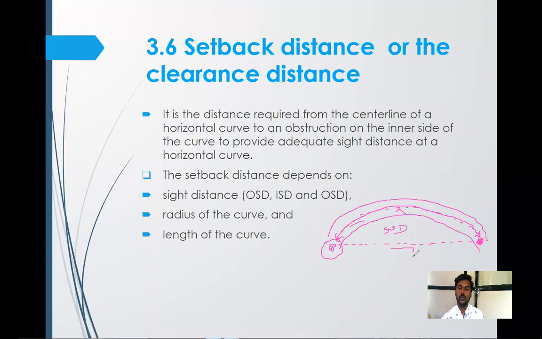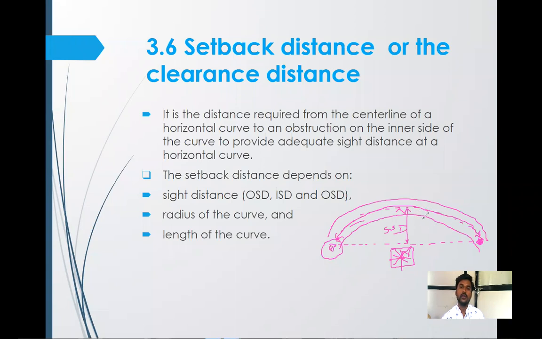So we need to provide some limitations to any construction inside this curve, and this line is taken from the center of the curve, and this distance is called the setback distance.